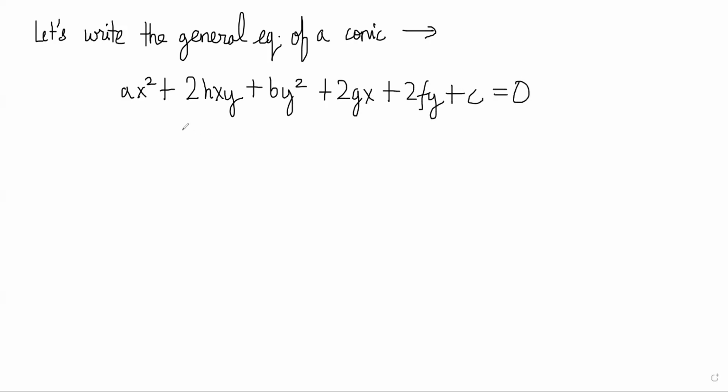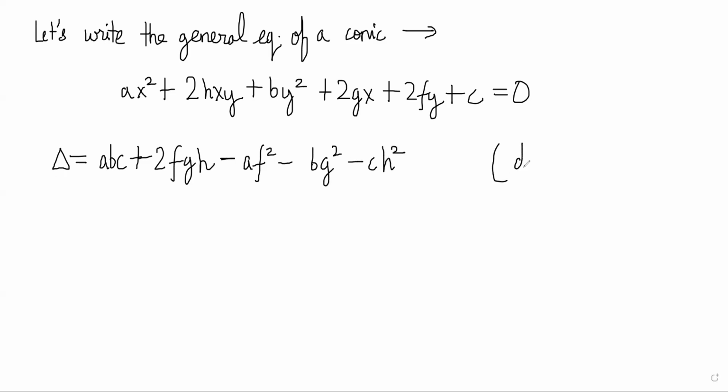Now in this, we will calculate a quantity called del, and del is given by ABC plus 2FGH minus AF square minus BG square minus CH square. This is called the discriminant for the 2-degree curve.